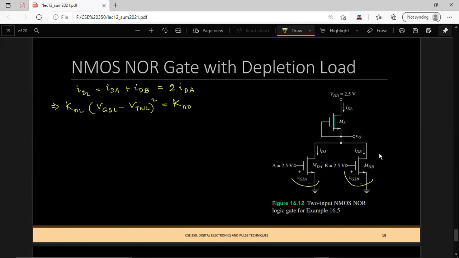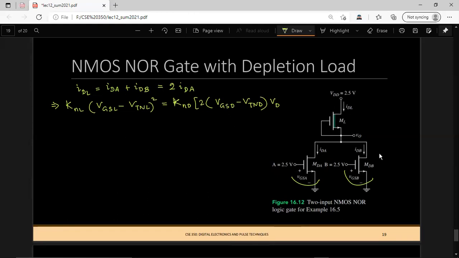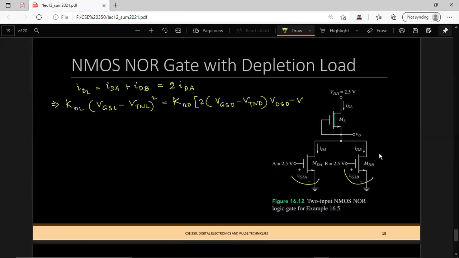equals KND times 2 times (VGSD minus VTND) times VDSD minus VDSD squared over 2, times 2. The 2 is here because of what we just discussed.